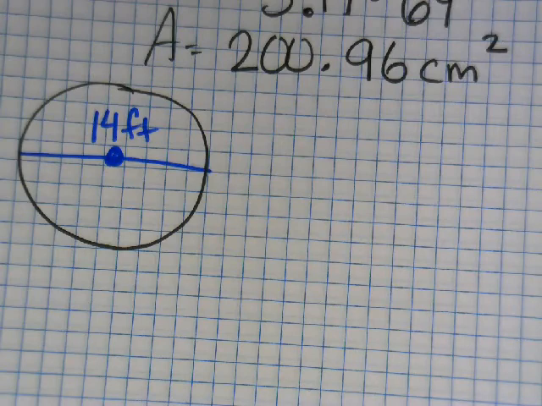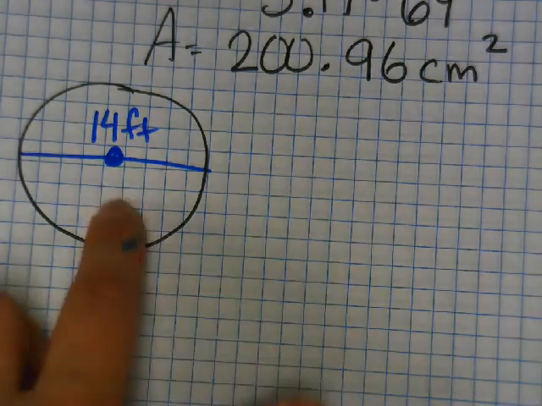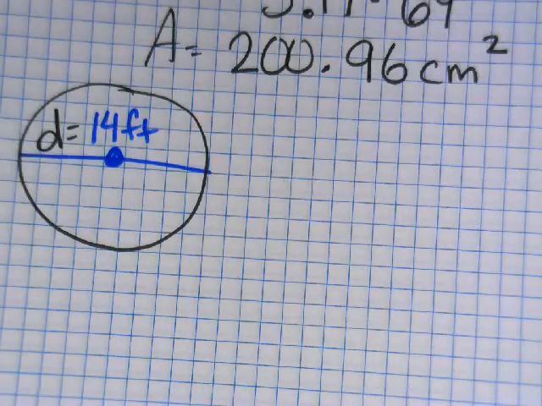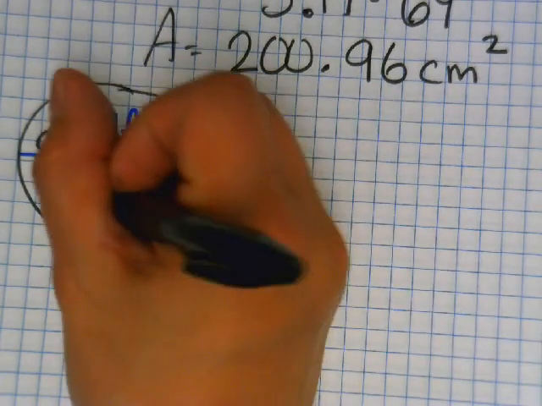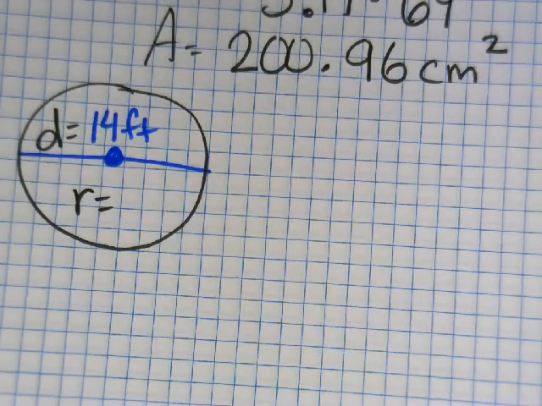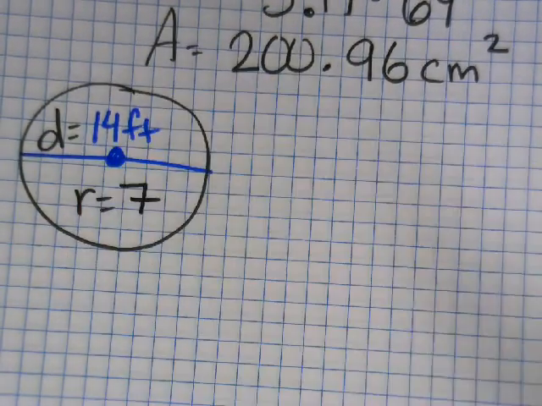This is hard because do I give you the right number? No. I'm giving you diameter, but what do I really need? Radius. So this number is your diameter, but I don't need the diameter. I need the radius. So if the diameter is 14, what would be the radius? 7. Because we divide by 2.